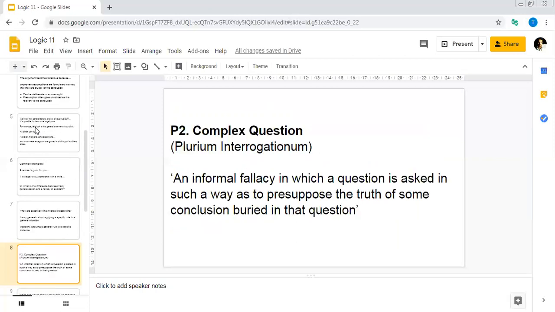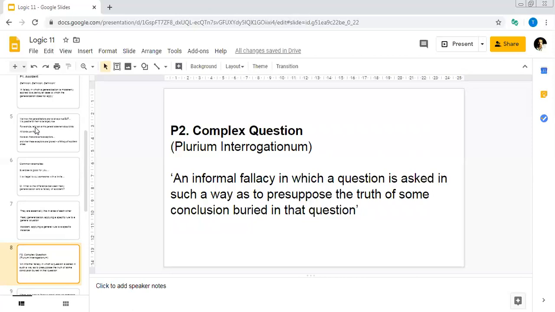Okay, moving on, let's look at P2, which is complex question. So let's look at the definition first. It's an informal fallacy in which a question is asked in such a way as to presuppose the truth of some conclusion buried in that question. Okay, so now we're dealing with questions.